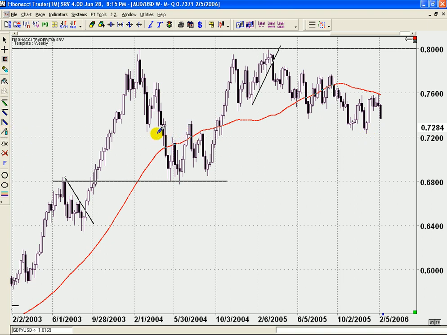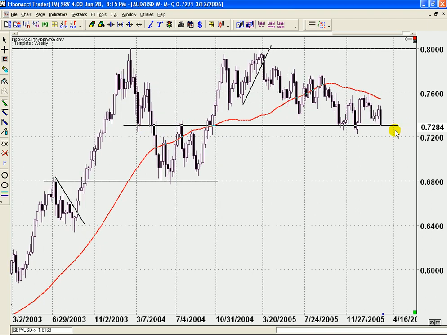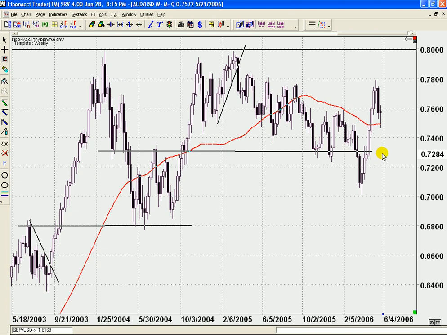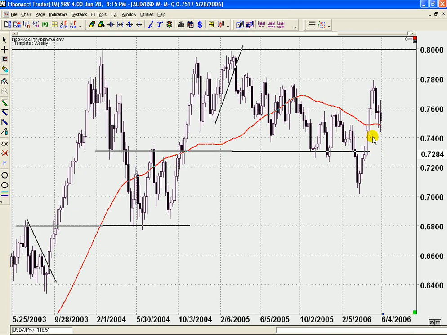Price comes down to these highs here. Support, resistance, support, and then breaks through. A deep retracement.